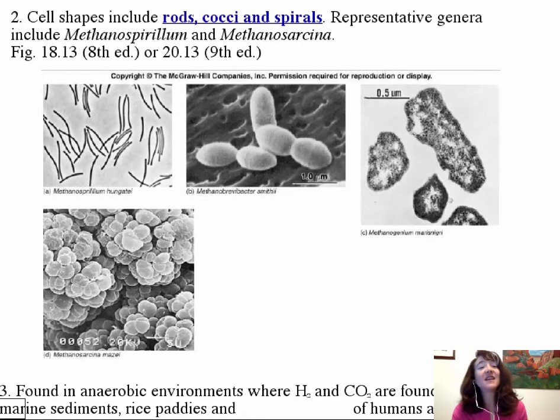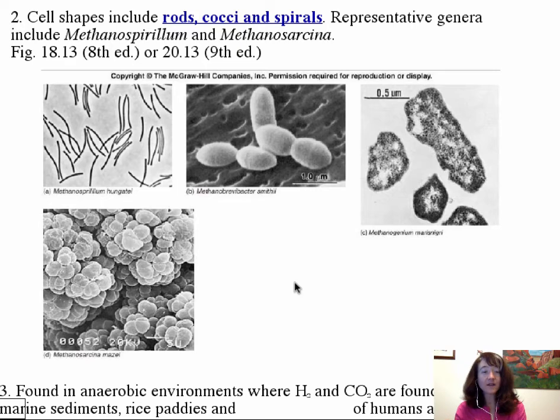As I mentioned, there are all manner of different genera in this group. Some of them are rods, cocci, spirals. There's one called Methanopyrus that likes it really hot, Methanospirillum, Methanosarcina. Of course, Methanosarcina is this one down here that forms the packets of 8. So they're really diverse, a lot of different morphologies that we see.